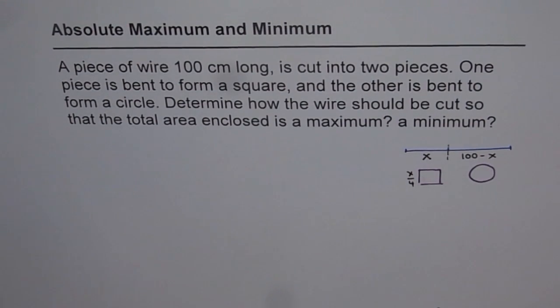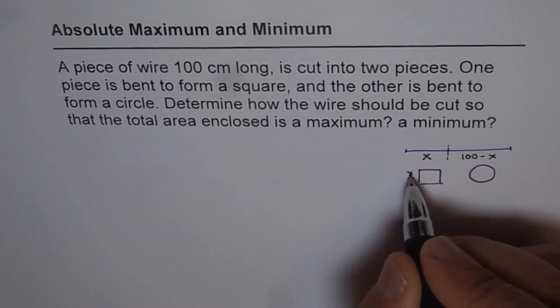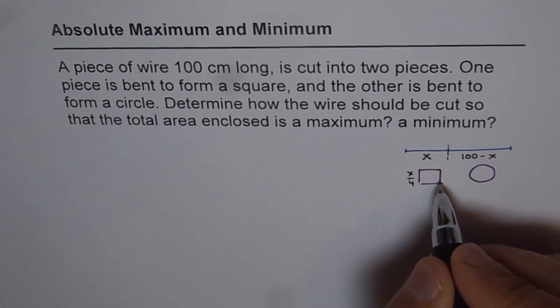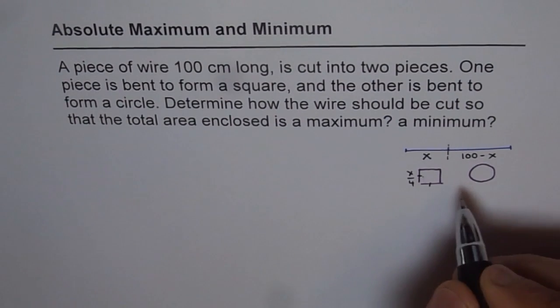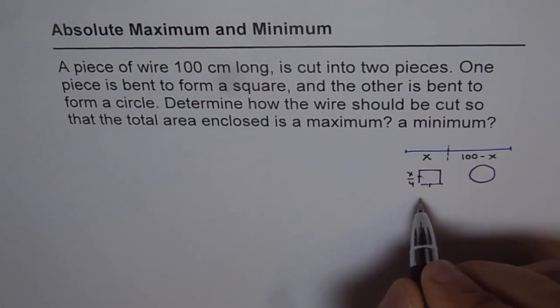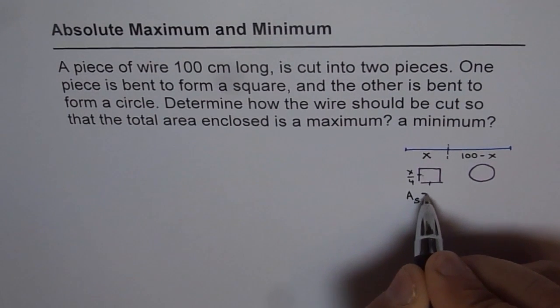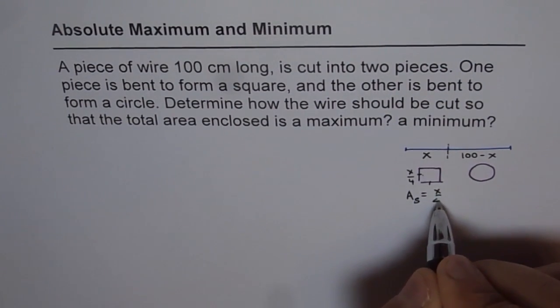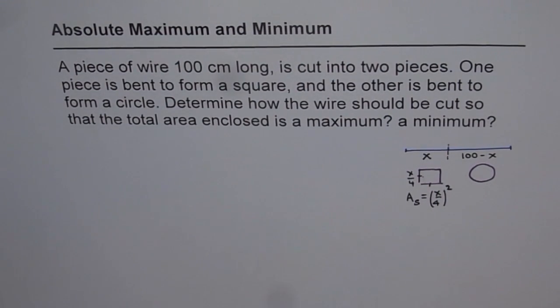And therefore, what is the area of the square? Area of the square will be x over 4 square, correct? Because those are all equal sides. So area of square is x over 4 whole square. So that's the area of our square.